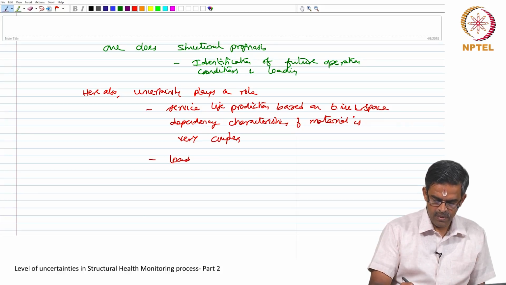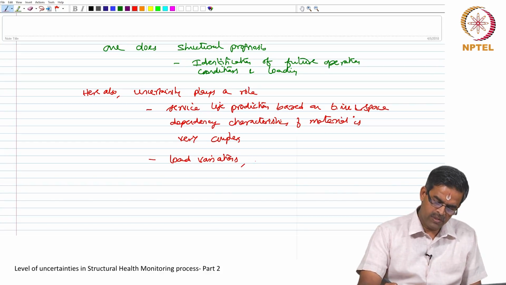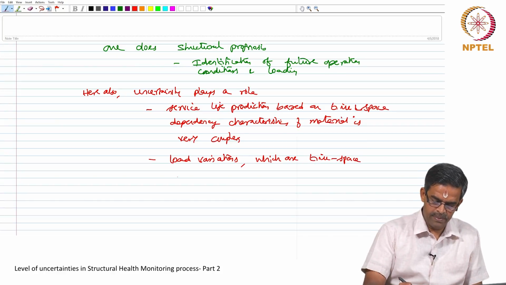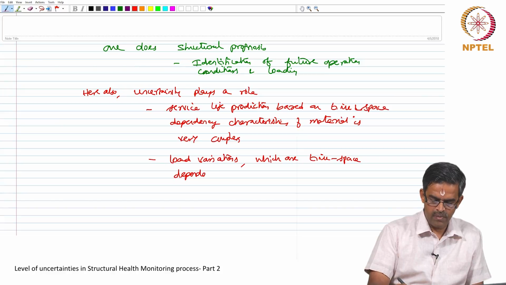Further, load variations, which are also time and space dependent, add to this complexity.